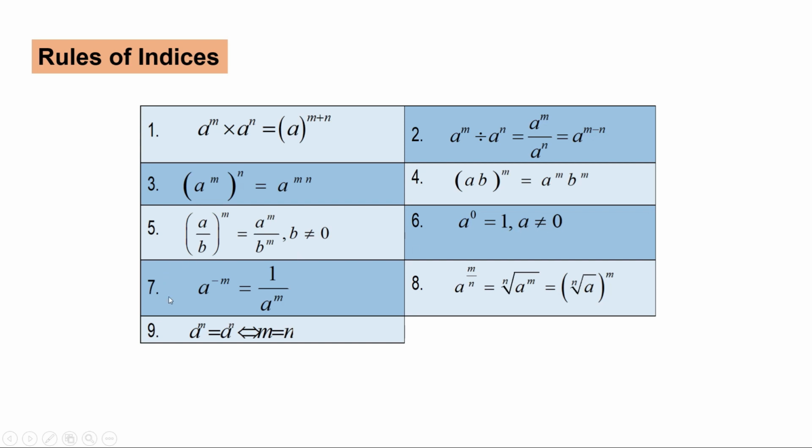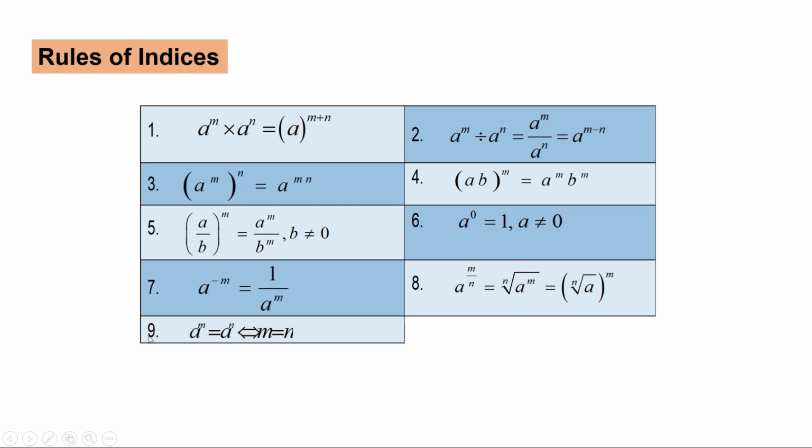Number 7, a^(-m) equals 1 divided by a^m. Number 8, a^(m/n) equals the nth root of a^m, which equals (the nth root of a)^m.